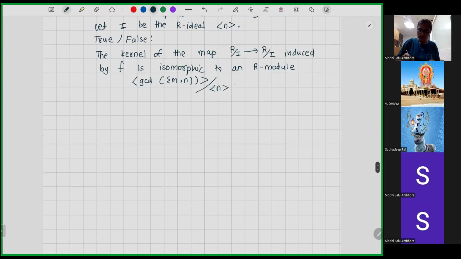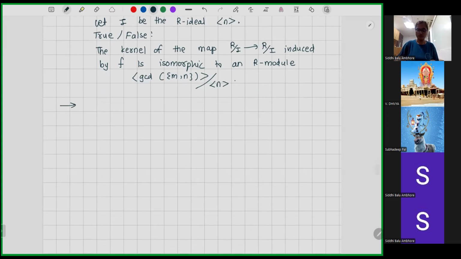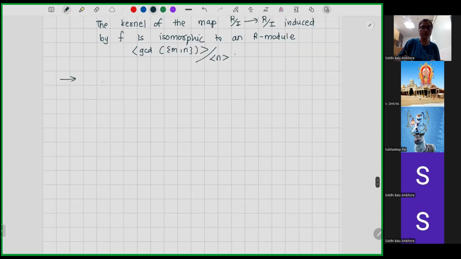So let me first quickly give you the definition of an R module homomorphism. Let M and N be R modules.